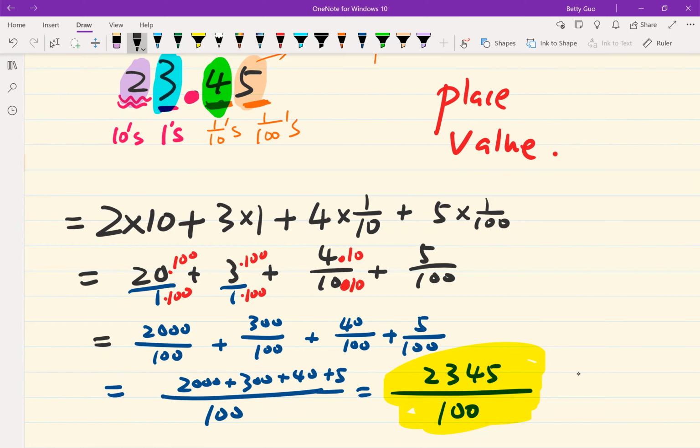Dividing a number by 100 is equivalent to moving the decimal point to the left twice. So 2345 is a whole number. If we write the number as a decimal, we would have 2345.00, right? So dividing this number by 100 is equivalent to moving the decimal point to the left twice. And we would have 23.45. Better?